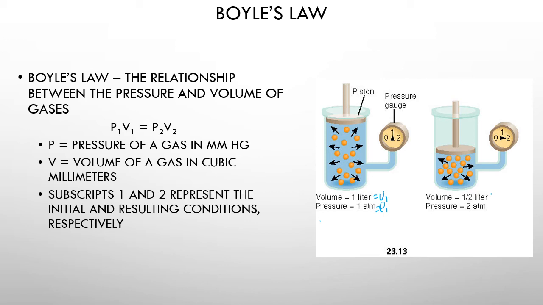Then we have a volume in our second scenario, V2, and a pressure in our second scenario, P2. The two products are going to equal one another: 1 times 1 equals 1/2 times 2, so we end up with 1 equals 1.